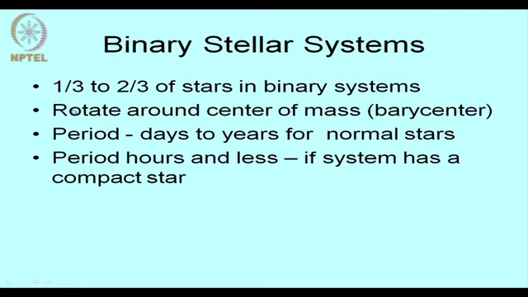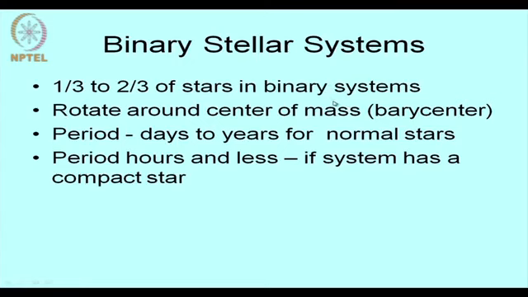It is an observed fact that half to two-thirds of all the stars are in binary systems. So, our solar system, which has only a single star, is more of an exception than a rule. Roughly half to two-thirds of all the stars are found in binary systems.